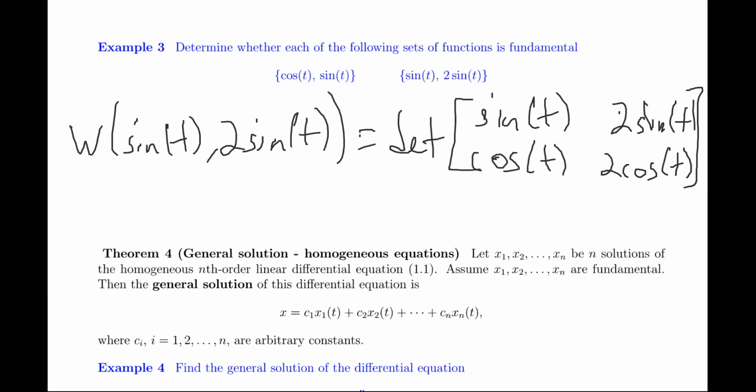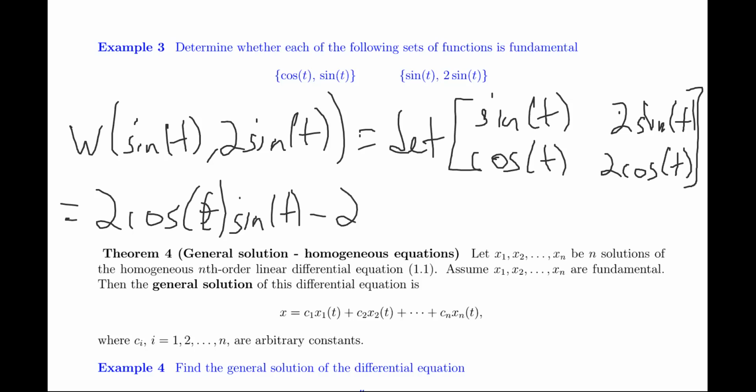So we get 2 cosine of t sine of t minus 2 cosine of t sine of t. Well, that is in fact equal to 0. So these do not form a fundamental set.